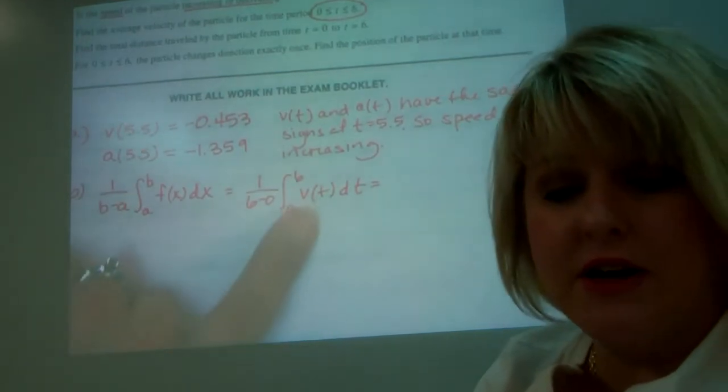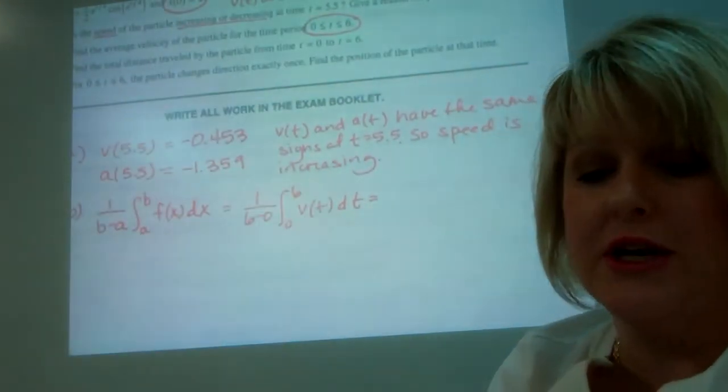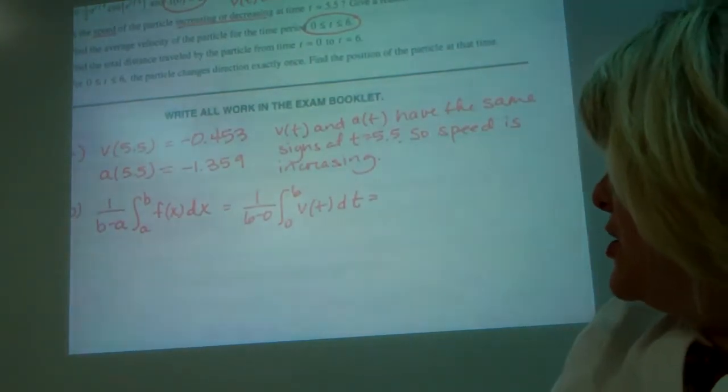You can call the velocity equation v of t. You don't have to write out the whole equation. You can just say I'm integrating the velocity equation, but you still have to show it.